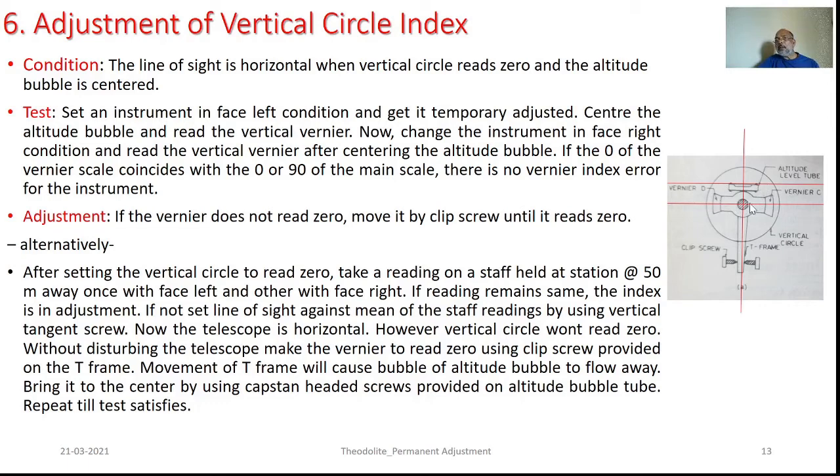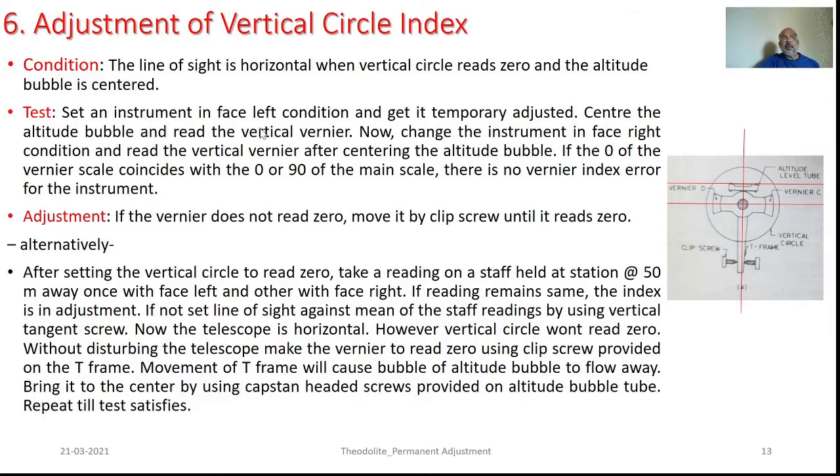There is an altitude level tube on the top of this T-frame. All these elements are essential in order to discuss the adjustment of the vertical circle index. Here we can keep the equipment at a distance of, say, 50 meters and perform the adjustment.